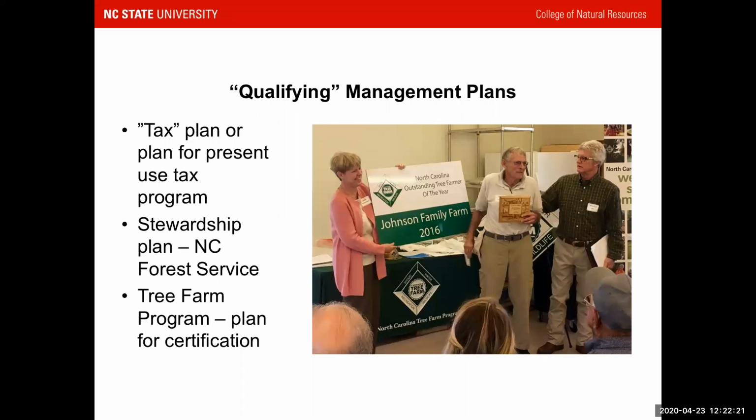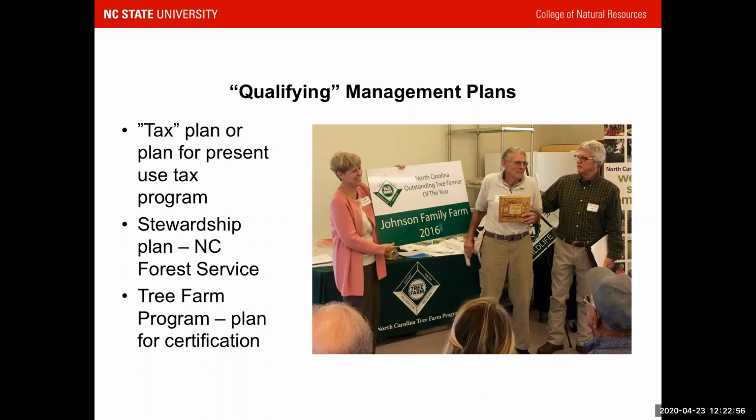So a qualifying management plan is a tax plan, one of the terms that we use here in North Carolina. And those plans are used to get the landowner's property into the present use tax program. There's also a stewardship plan through the North Carolina Forest Service, and that can be used mainly as a recognition program, but it's a more detailed management plan than our tax or present use value program plans.